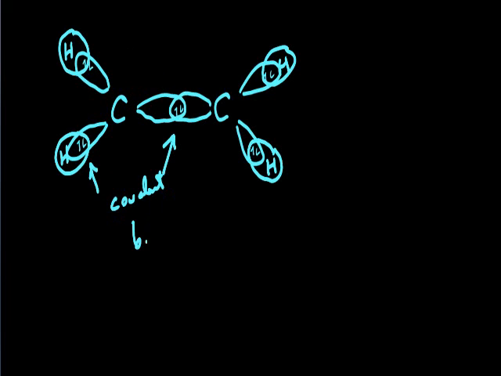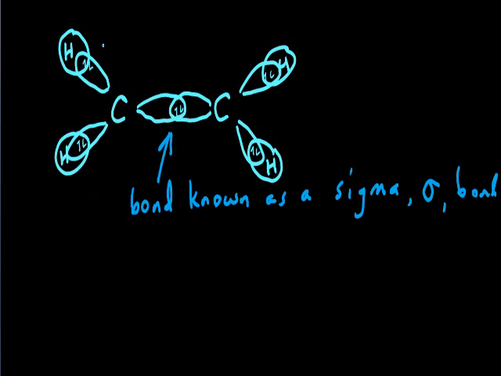We have covalent bonds forming, the sharing of electrons between our 2 bonded carbon atoms, and we also have covalent bonds forming between the hydrogen and carbon atoms in our structure. The type of bond we see here between our carbon atoms and also between the carbons and hydrogens is a bond type that's known as a sigma bond.